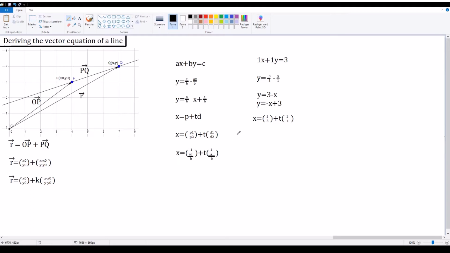And of course, this also works the other way around. So as you can see here, if you wanted to take this vector equation and put this into a line equation, you would just realize that the top part is going to be connected to the bottom part.